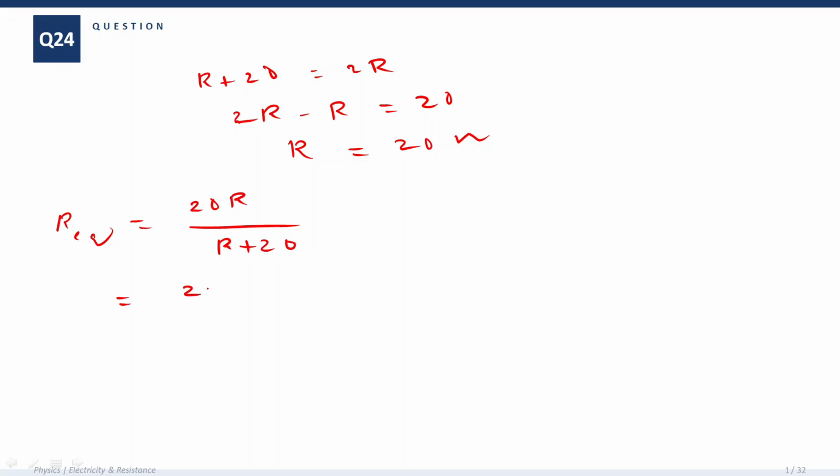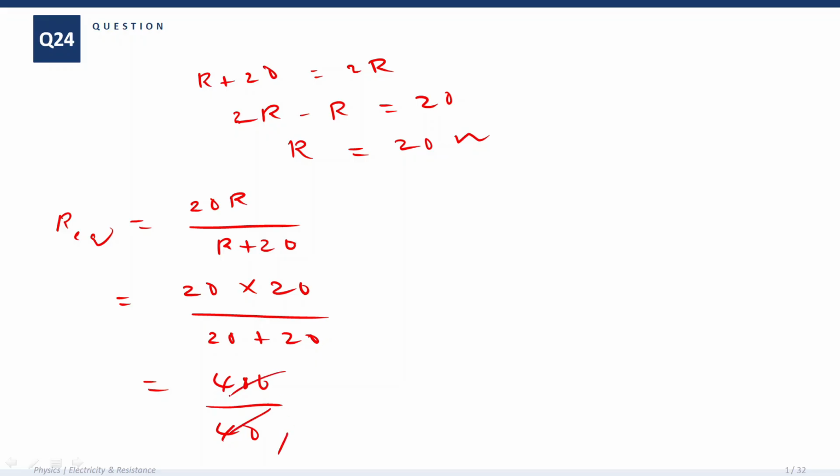That equal to 20 into 20 by 20 plus 20, that equal to 400 by 40, which is 10. Then R equivalent equal to 10 ohms.